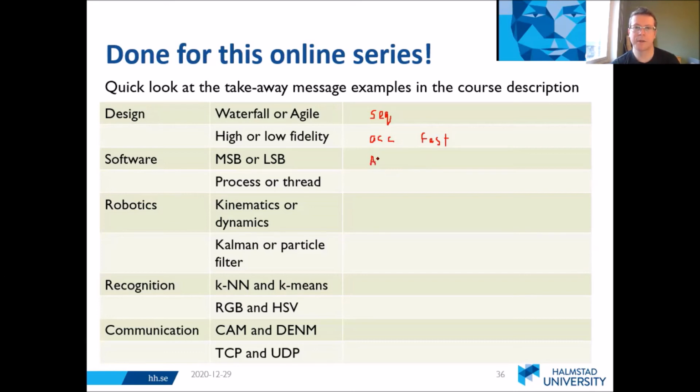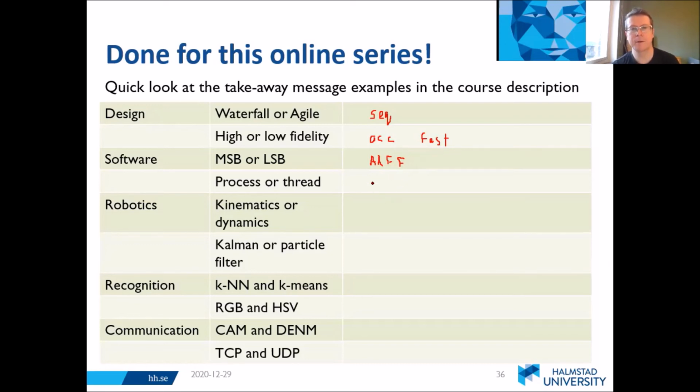Software, most significant byte, least significant byte. If you have something like AAFF in hex, then your most significant byte would be AA, your least significant byte would be FF, and then we also have big endian and little endian attached to that, if you remember. So big endian often used with networks, little endian with Intel computers, where you would send the little end first.